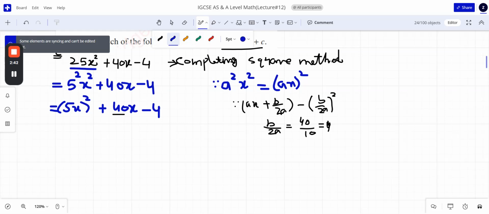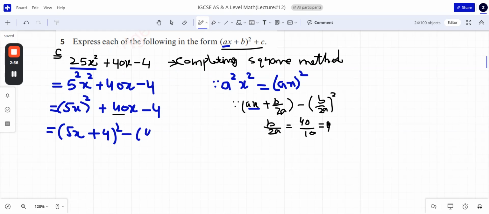So now the first value, which is 5x, means ax. So 5x plus b over 2a, which is 4, whole square, minus 4 square, and minus 4. Then further it would be (5x plus 4) whole square, then minus 4 square is 16, minus 4.